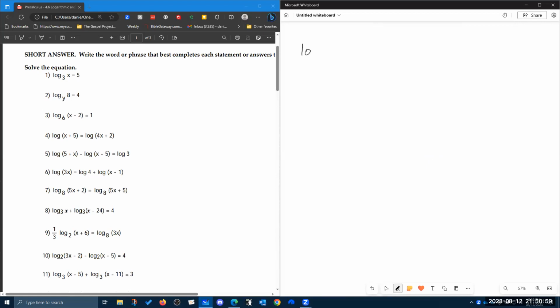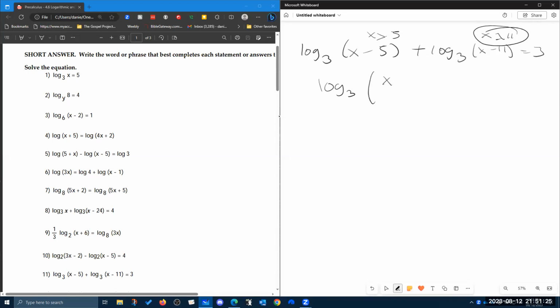Right. Log base 3 of (x minus 5) plus log base 3 of (x minus 11) is equal to 3. X greater than 5, x greater than 11, x greater than 11 wins. So that's my domain. Log base 3 of (x minus 5) over (x minus 11) equals 3. (x minus 5) over (x minus 11) equals 3 to the 3rd, which is 27.